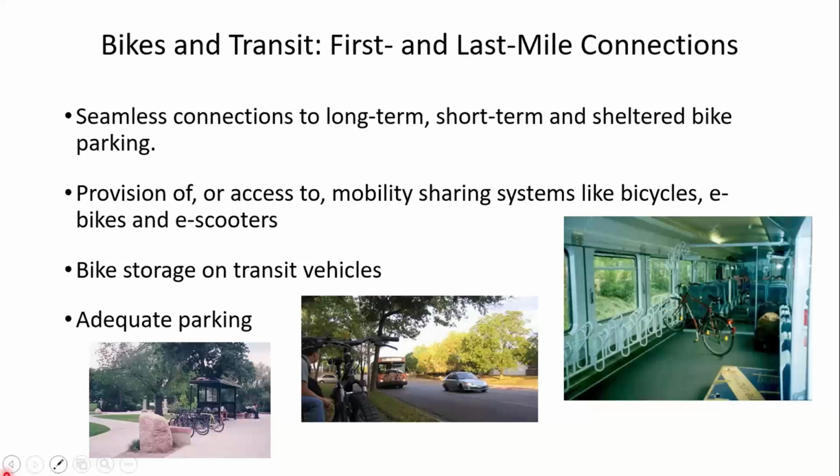You can see the bike rack on the bus in the lower center, but also notice if an agency has, like in this case, light rail transit, notice how there are provisions for bike storage on the light rail vehicles. And then, of course, having adequate parking for bikes at bus stops, as illustrated in the lower left.